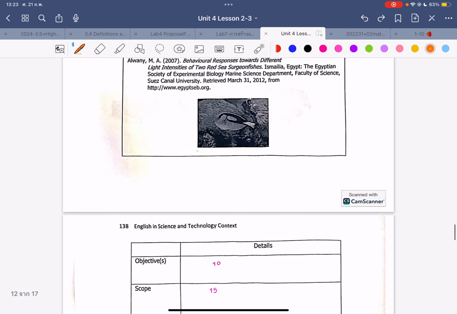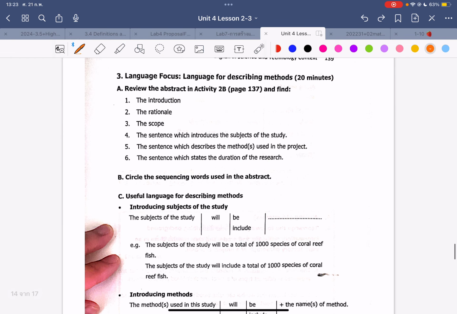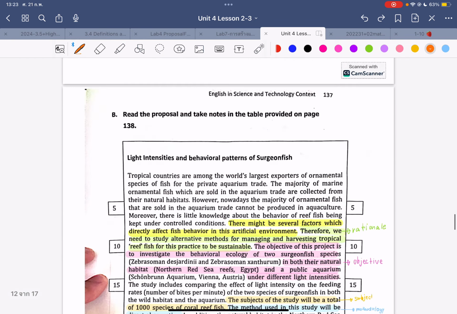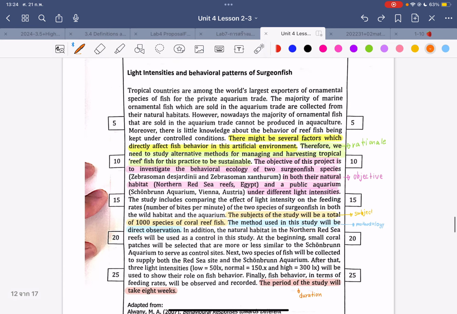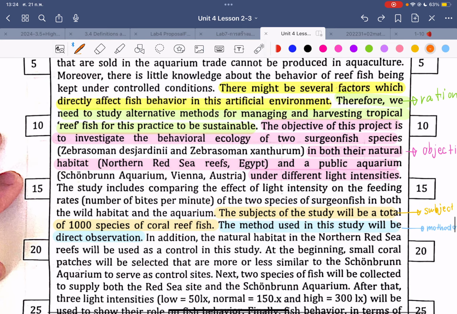Now let us look at the objective. You can tell it is the objective because it says, the objective of this project is. You can also say, the aim of this project is. Okay. Scope. The scope is what they will include.